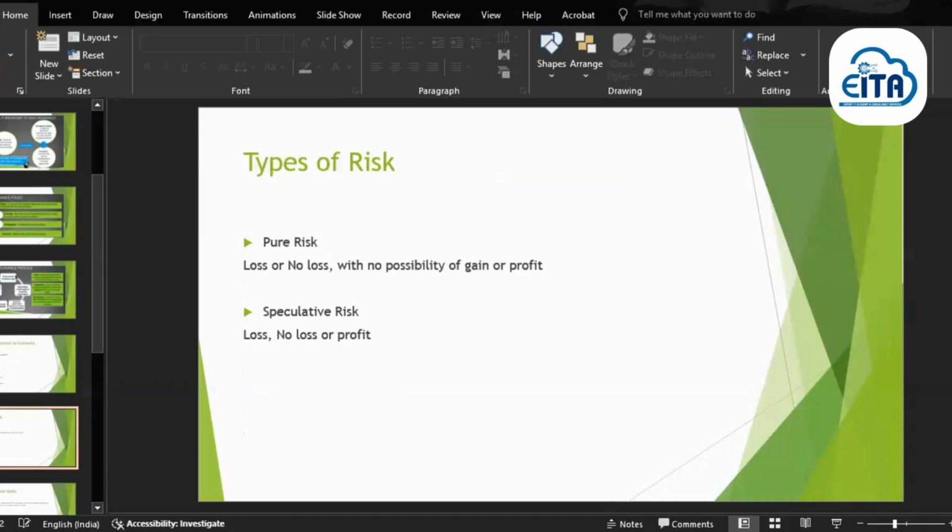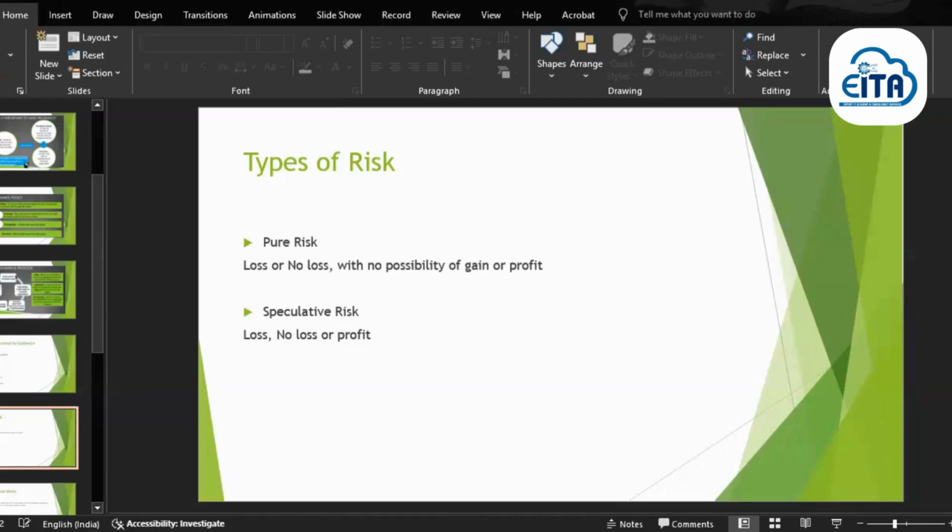So we have two types of risk: pure risk and speculative risk. Insurance companies work on the principle of pure risk, where as the insured, we either have a loss or a no-loss situation, but we cannot get any gain or profit. For example, if I'm not utilizing my insurance, I am in a loss situation because I'm just paying the premium quarterly or yearly, depending upon my plan.